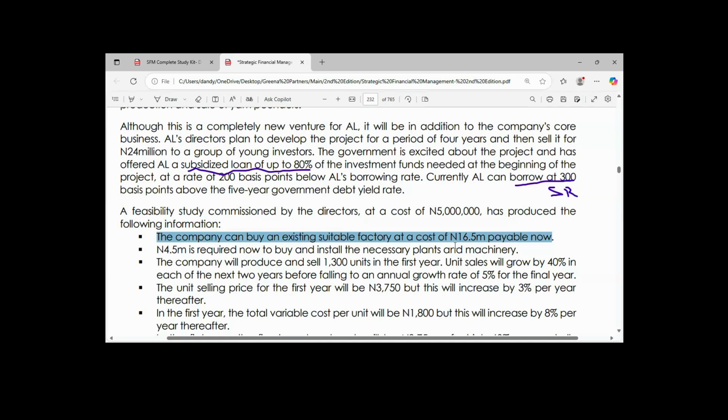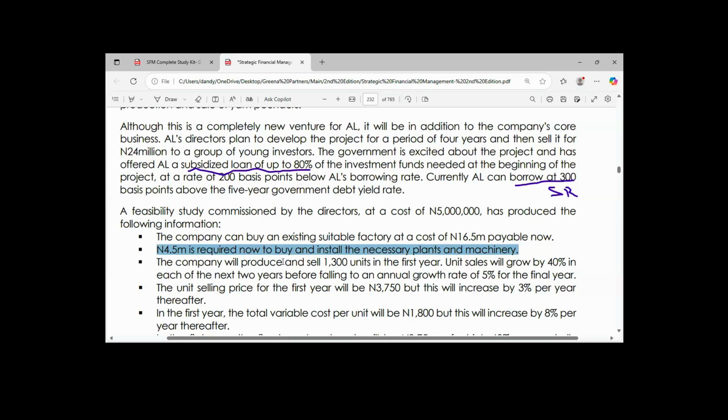So then bullet point 2, 4.5 million naira is required to buy and install the necessary plants and machinery. Okay, that's another initial outlay to buy plants and machinery. So, of course, since you are just buying these assets newly, the plant and machinery, you are just buying it newly at 4.5 million.